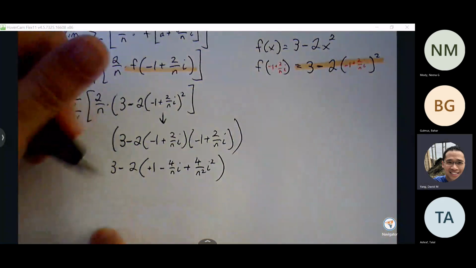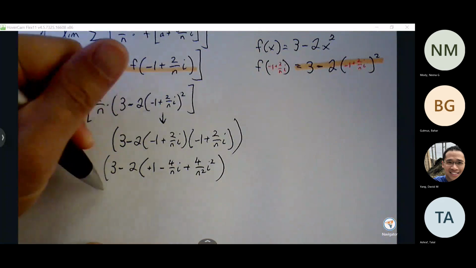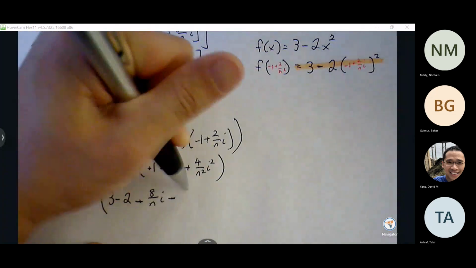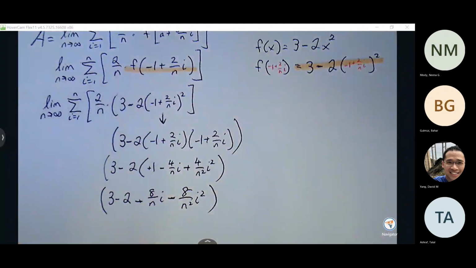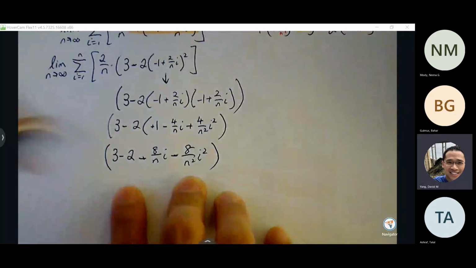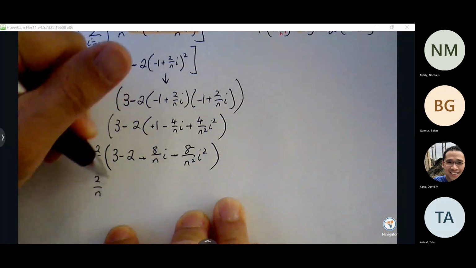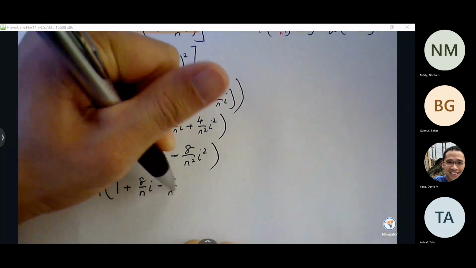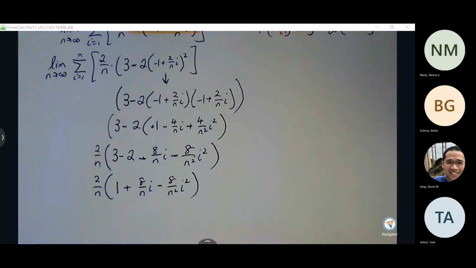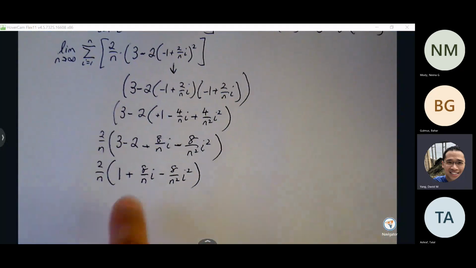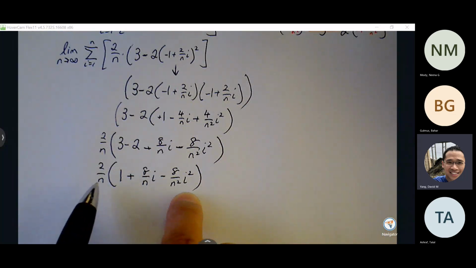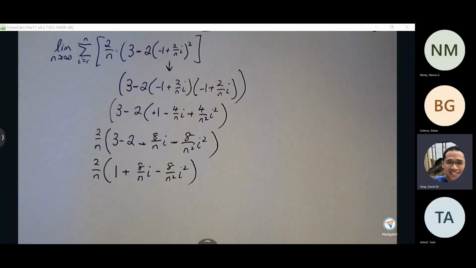Distribute the negative 2 through. 3 minus 2 is 1. Distribute the 2 over n through. So now I've made sure I cleaned up everything involving my height, and now I have to make sure I include the width because width is part of my component for area of the rectangle.